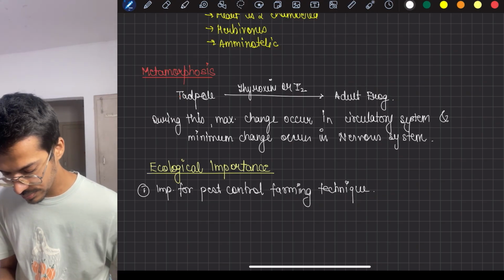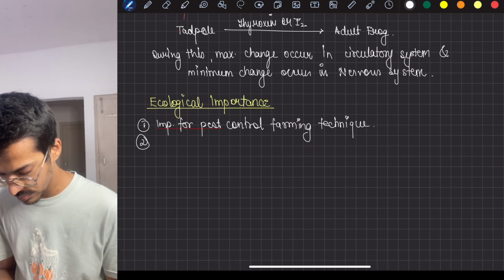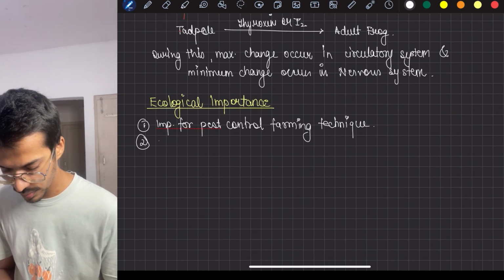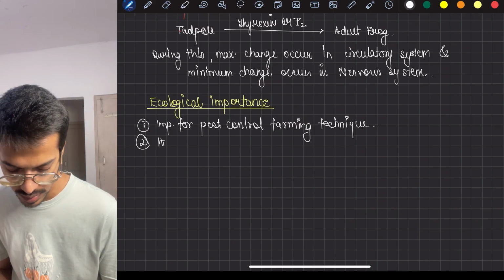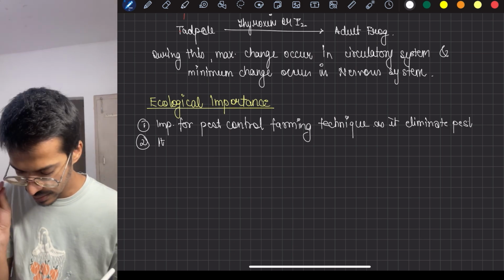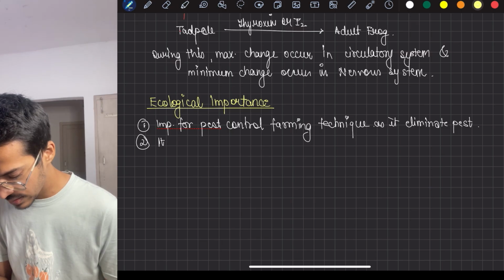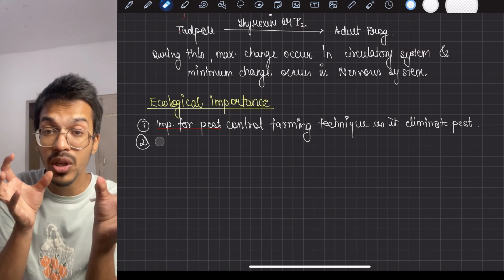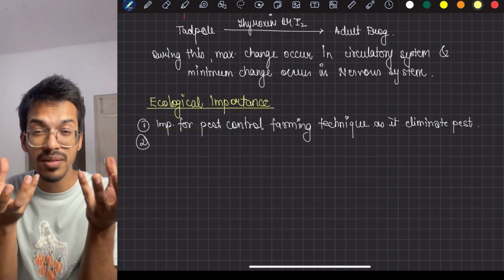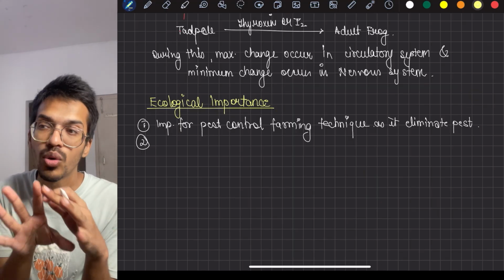Second thing is, it eliminates pests or insects by eating them. Second, in certain countries its legs, which are very thick, muscular legs, are eaten as a delicacy.